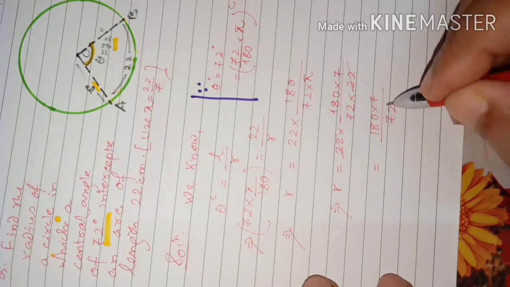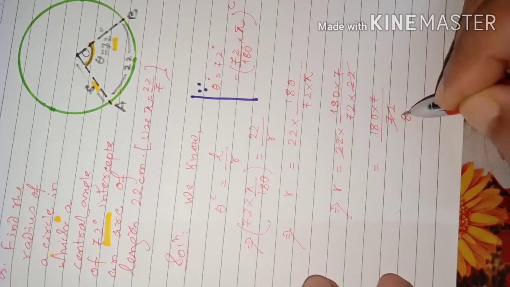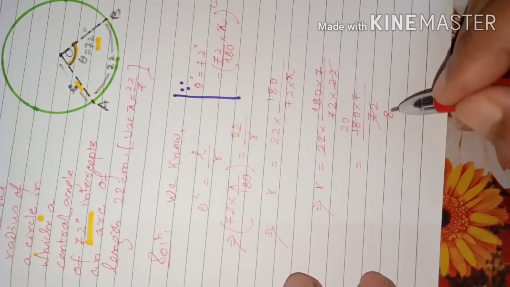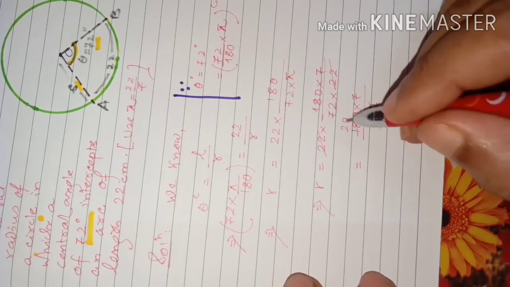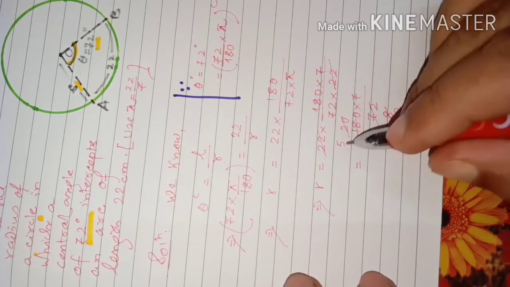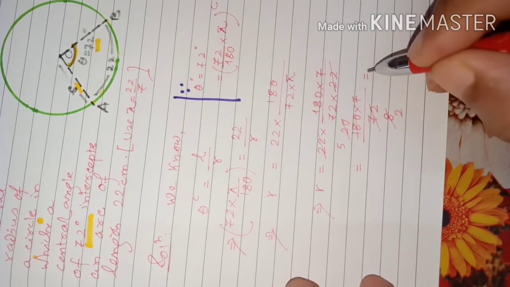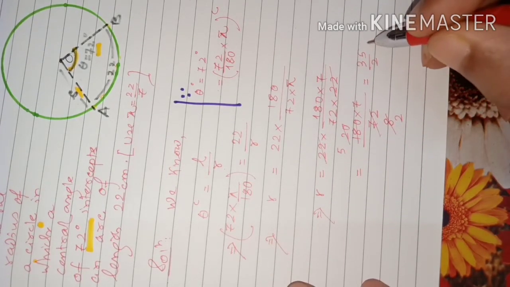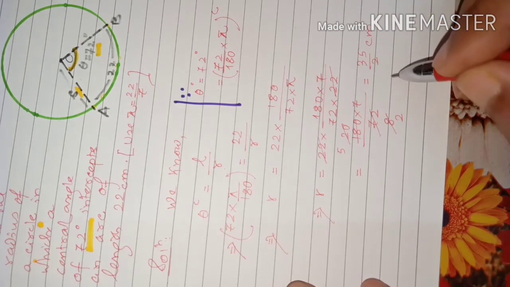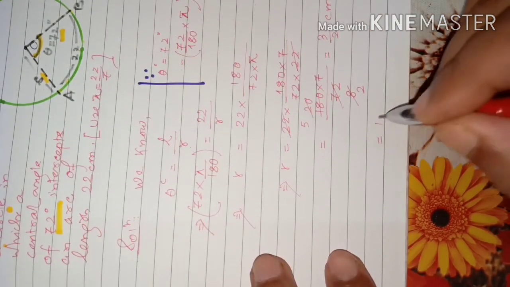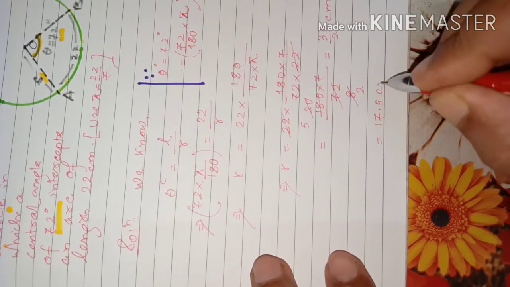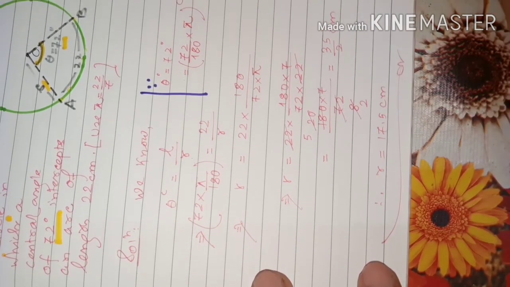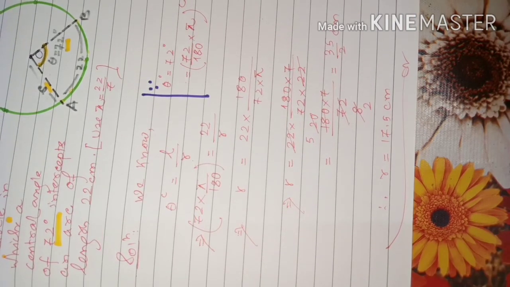By 9 you can cancel this. 9 8 is 72, 9 2 is 18. Again by 4, 2 goes, by 4 5 goes. 35 by 2, because 5 7 is 35, by 2 centimeter, or 17.5 also you can write. 17.5 centimeter, this is the required radius.